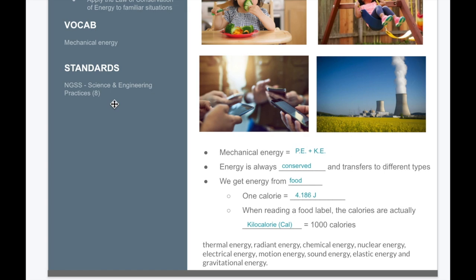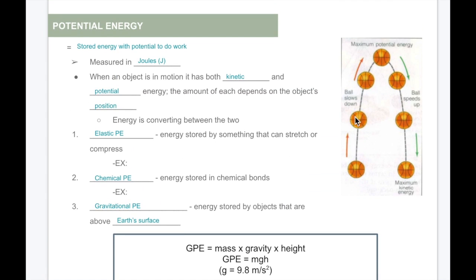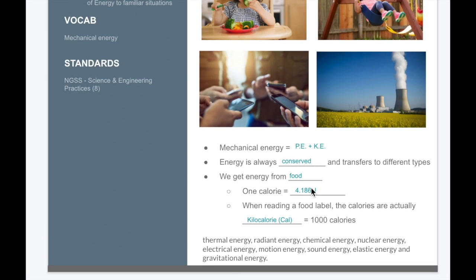And so if you remember back in our other notes, this image here where you throw the ball up and then it falls back down, I kind of explained how it converts from kinetic energy where it's moving upwards till it stops and it has the greatest amount of potential energy, and then the potential energy converts back to kinetic energy. Okay, so we'll talk about how these different images also show the conversion between the different types.